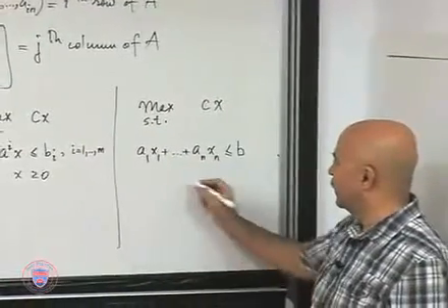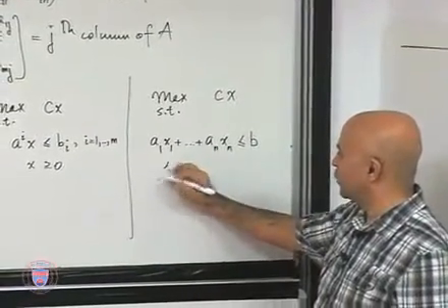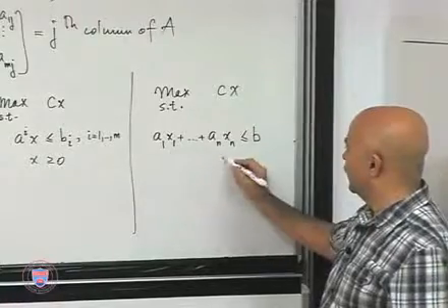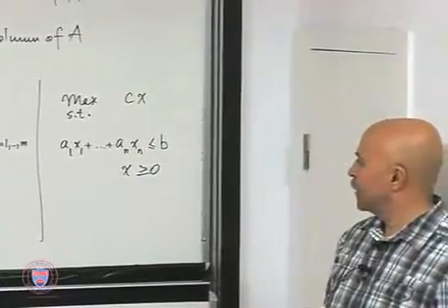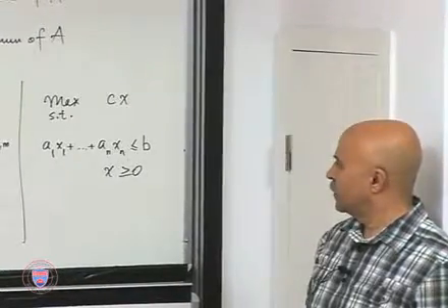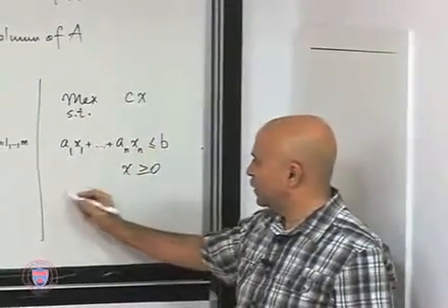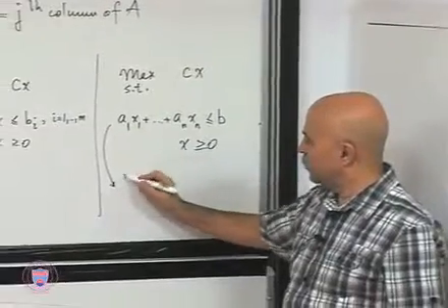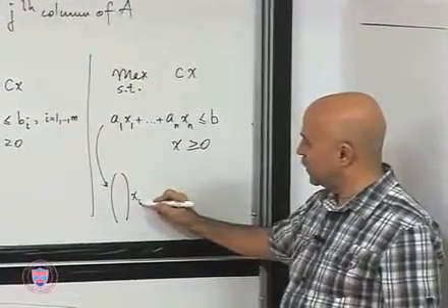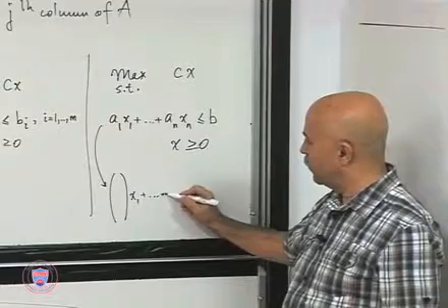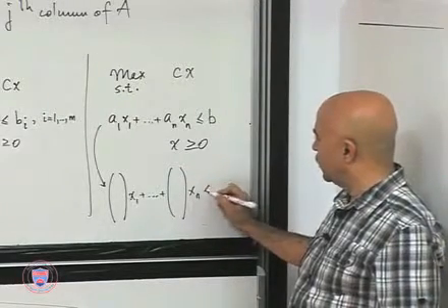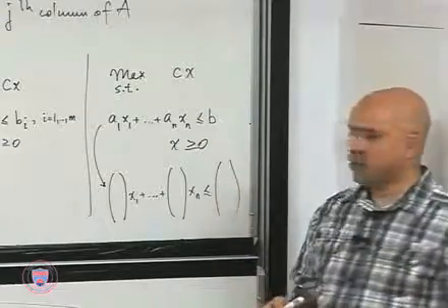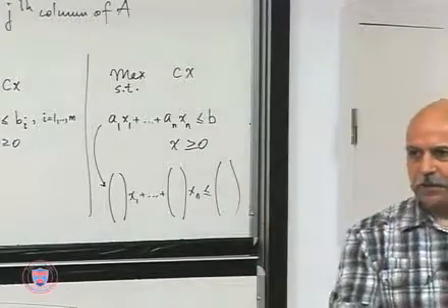This is a column. And of course, you've got also the x vector being greater or equal to 0. So in this case, this simply looks like this: a column times x1, so on and so forth. Last column times xn, less or equal the right-hand side column. That's the picture you should have in mind.